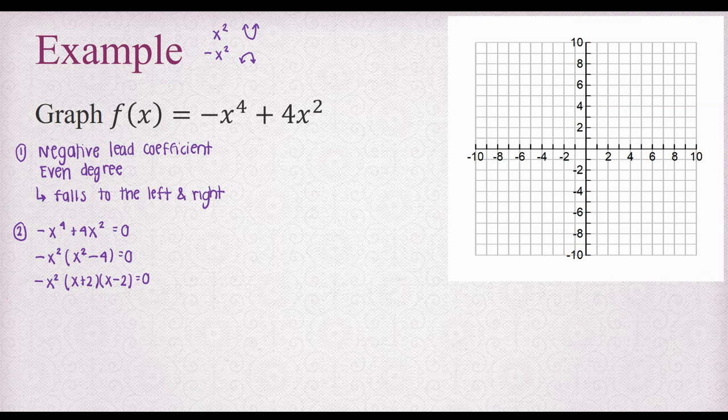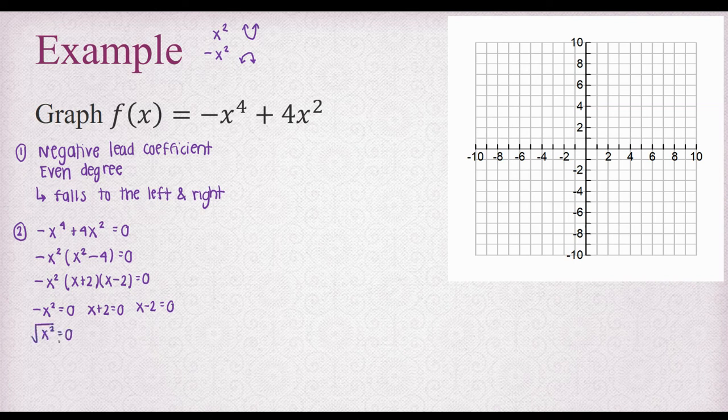So now I can set each factor equal to 0. Because my GCF contains a variable, I get to set that negative x squared equal to 0. I also get to set the x plus 2 equal to 0 and the x minus 2 equal to 0. With the negative x squared equaling 0, I can divide both sides by a negative, and that gives me x squared equals 0.